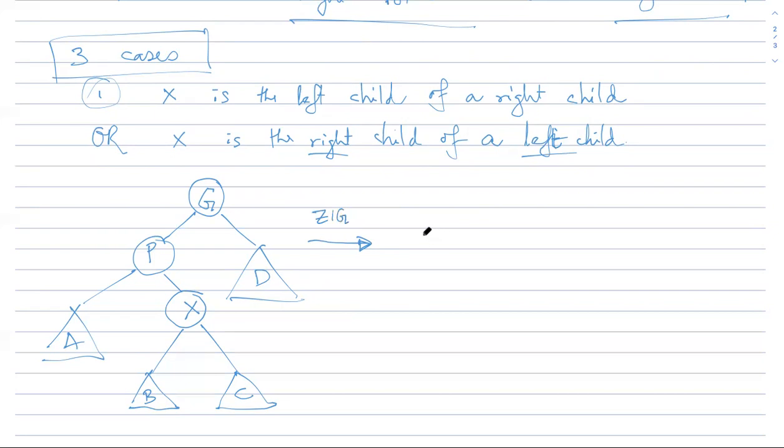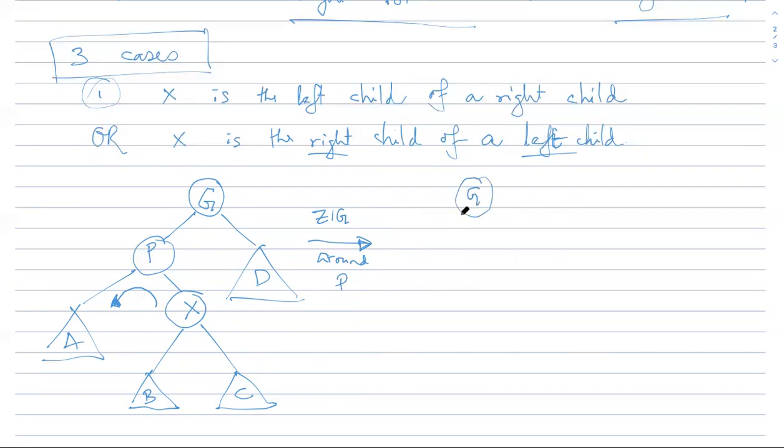So zig rotation would rotate this first around the parent, so it will rotate in this direction. And then you would be giving a zag rotation around the grandparent. So zig around the parent. So when you give the zig rotation, how does it look?